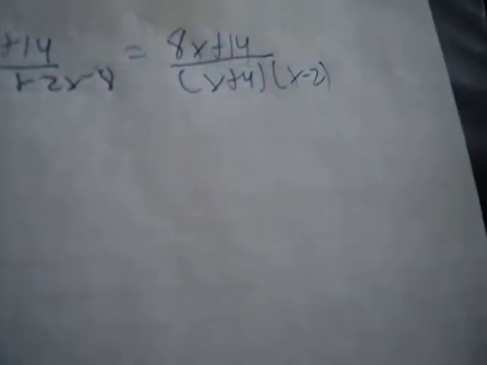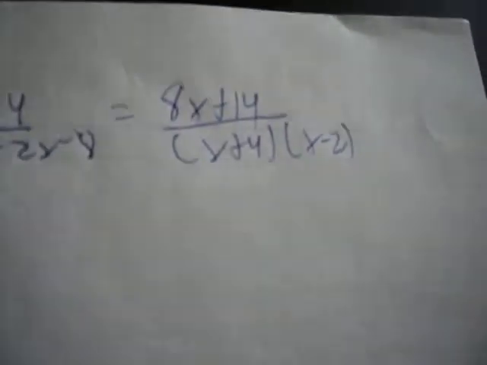Since we're all smart cookies here, we know what to do. So we just transfer it out over here, 8x plus 14 over x plus 4, x minus 2.